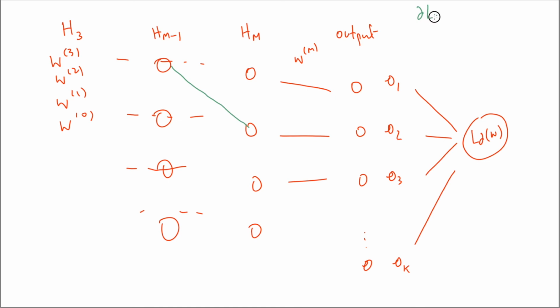The derivative of the loss function with respect to a weight is saying how changing W_ji by a small amount affects the loss function L(W). A derivative is the sensitivity of a function that you're trying to understand with respect to one of the variables. Now, if you look at this W_ji, look at the path this thing takes.